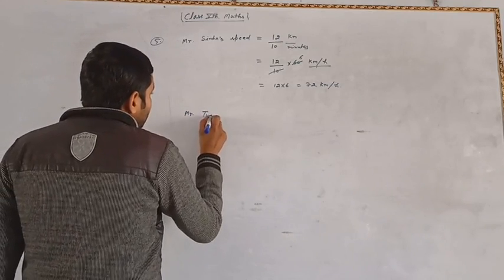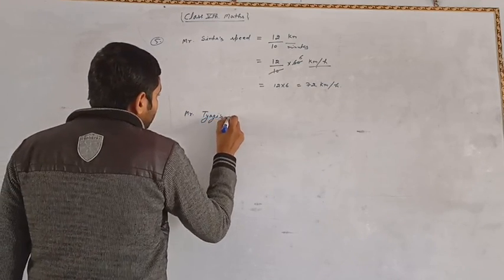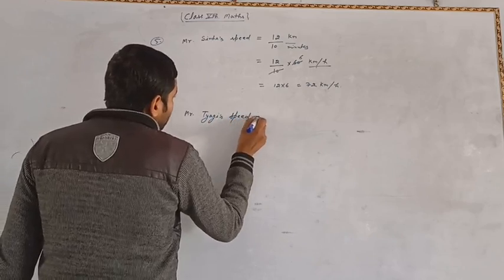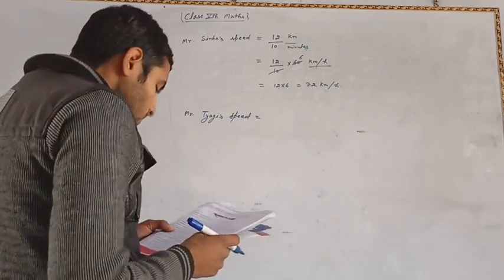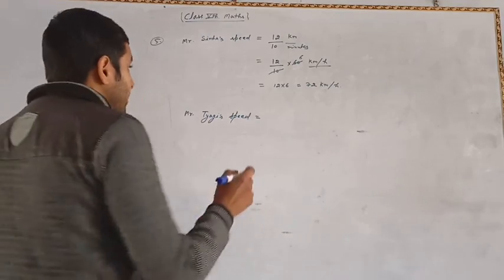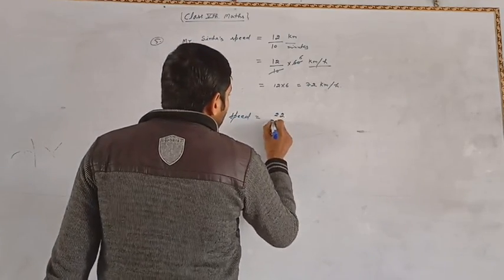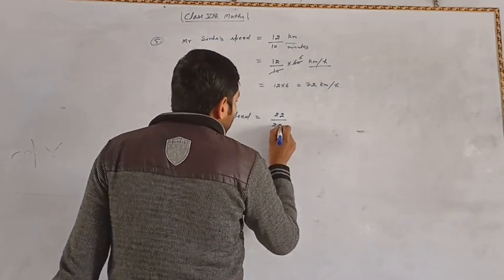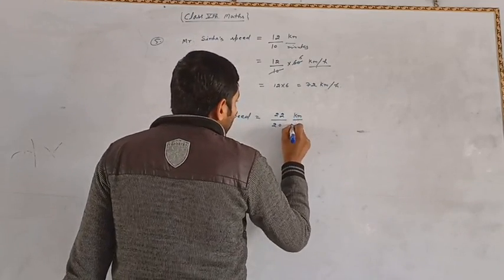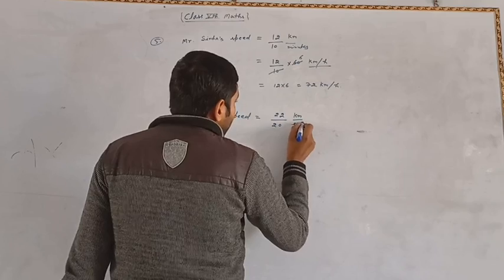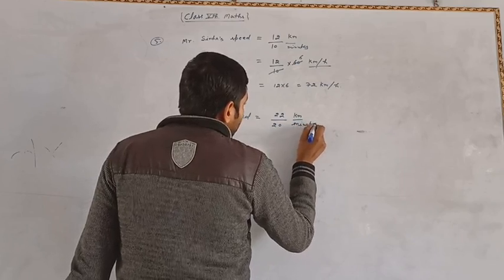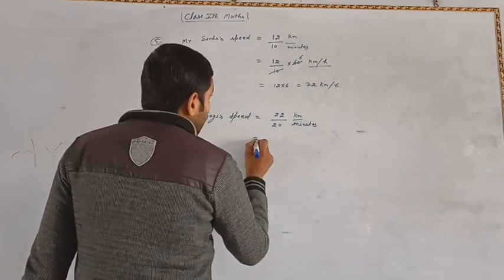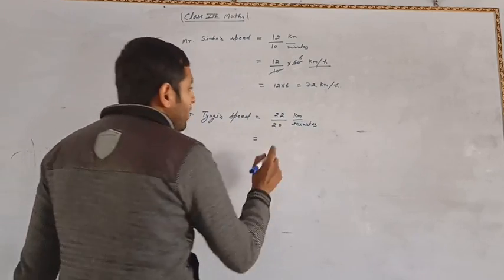Mr. Tyagi's speed is also distance upon time. Distance is given as 22 km. Time is also given as 20 minutes. So kilometer per minute. Now we have to convert this into kilometer per hour.